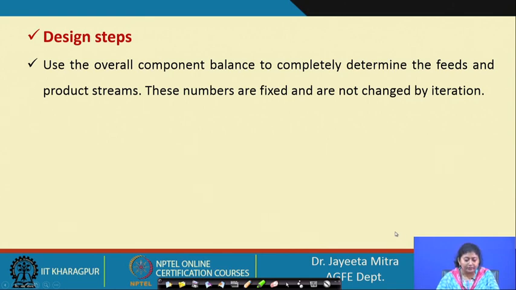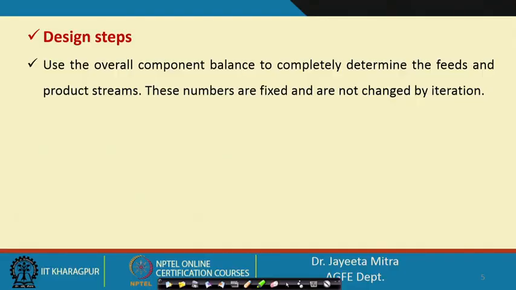First, use the overall component balance to completely determine the feed and product streams. These numbers are fixed and are not changed by iteration. Obviously, the numbers of feed and product streams are fixed, because you know the number of effects you are going to design. If it is a 3 effect system, one feed stream is entering, and one concentrate comes out from the first, another from the second, and lastly from the third.